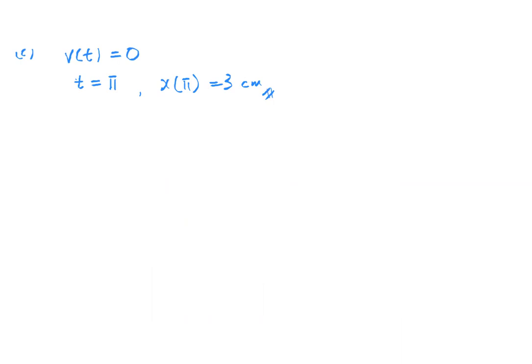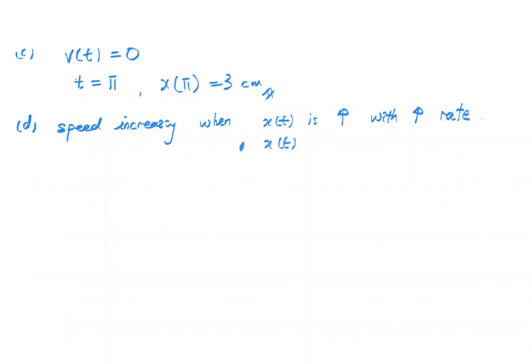Now, for part D, when the particle speed is increasing, it happened when x(t) is increasing with increasing rate, or x(t) is decreasing with increasing rate.